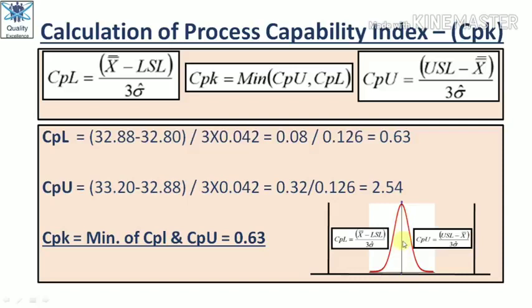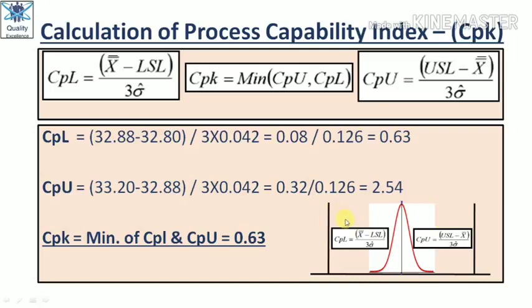And when it is lying on the target line, it divides this process specification into two parts, where one is X double bar minus LSL, this is the left part, and the second is USL minus X double bar, this is the right part.